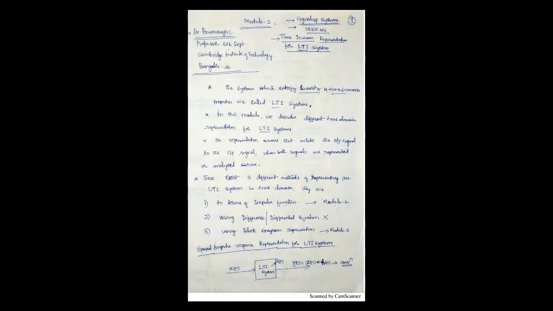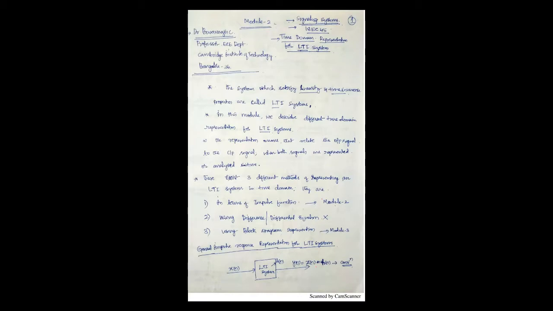Throughout, we are dealing with these impulse functions. What do you mean by impulse function? Delta n is one where at n equal to 0 all its finite energy exists, and at all other points its value is 0. In terms of impulse functions, we'll represent input, output, and h of n.